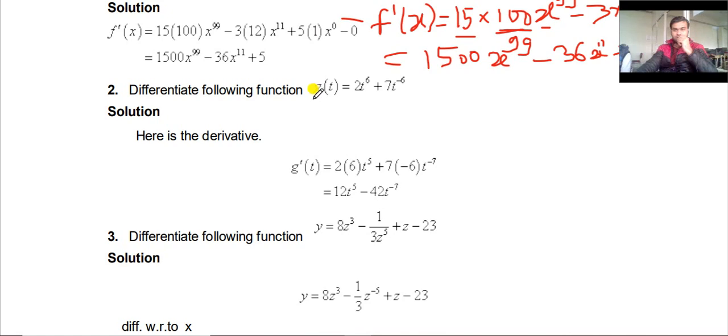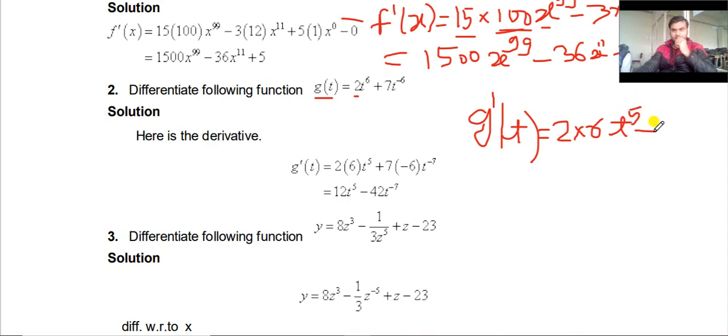Okay, so here g(t) is given to you. So the differentiation of g(t) is g dash t. Okay, so what is here? 2. So we write this 2 t to the power 6. So this 6 comes in front and t to the power 6 minus 1, that is 5, plus 7 and here t to the power is minus 6.